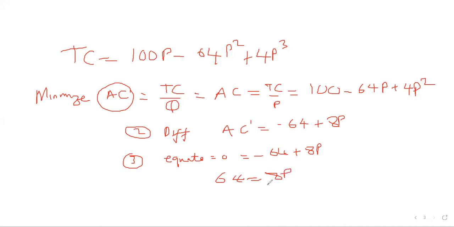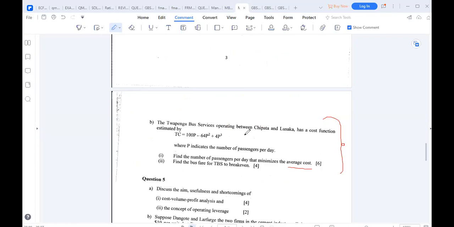So we divide both sides by 8. The number of passengers that minimize cost is 8 passengers. Are we together? And people perished because of lack of knowledge. So find the number of passengers per day that minimizes average costs.